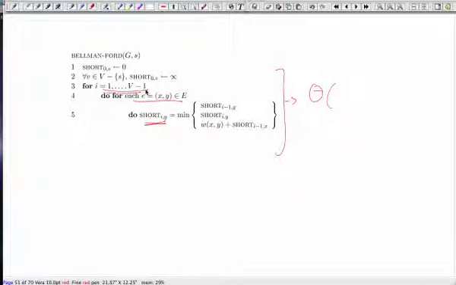How many times does the outer loop run? V. And how many times does the inner loop run? Say it. E. Of course, this right here is a constant amount of work. So that's the running time of Bellman-Ford, order VE.